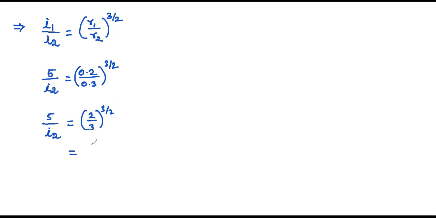So this is 8 by 27 under root. First I took the cube and then the square root, so I am writing 8 by 27 whole power 1 by 2. If you want one more step like this. Now next, now take the reciprocal.